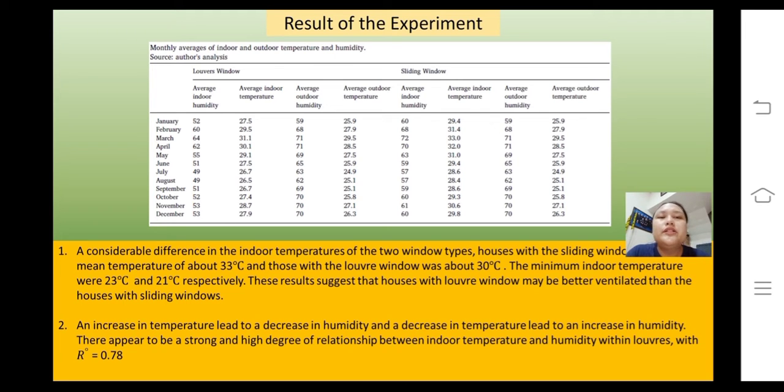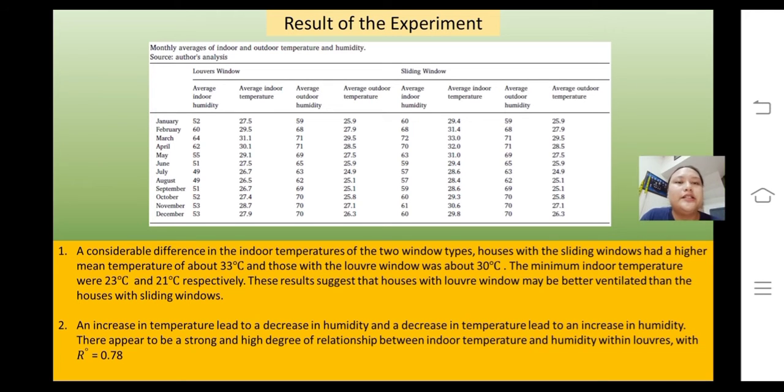A considerable difference in the indoor temperature of the two window types. Houses with the sliding window had a higher mean temperature of about 33 degrees Celsius, and those with the louvre window was about 30 degrees Celsius.